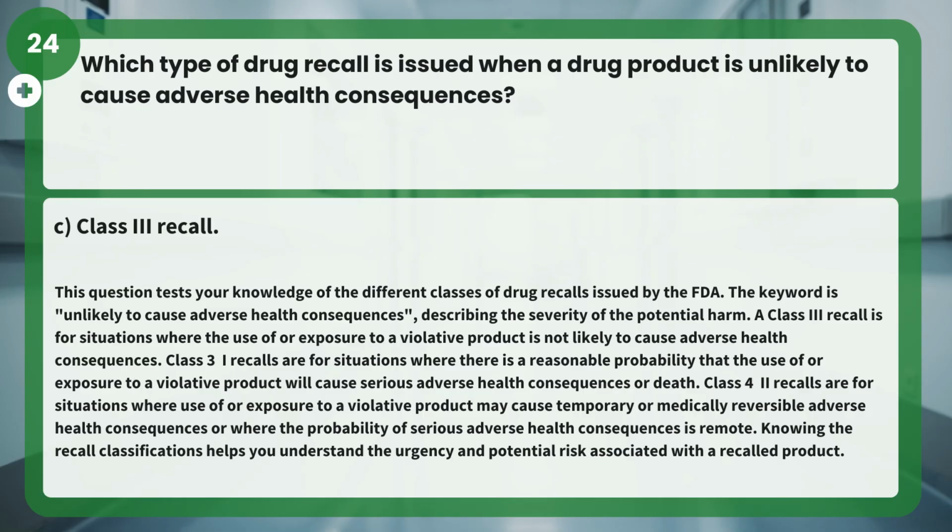Class 1 recalls are for situations where there is a reasonable probability that the use of or exposure to a violative product will cause serious adverse health consequences or death. Class 2 recalls are for situations where use of or exposure to a violative product may cause temporary or medically reversible adverse health consequences or where the probability of serious adverse health consequences is remote. Knowing the recall classifications helps you understand the urgency and potential risk associated with a recalled product.